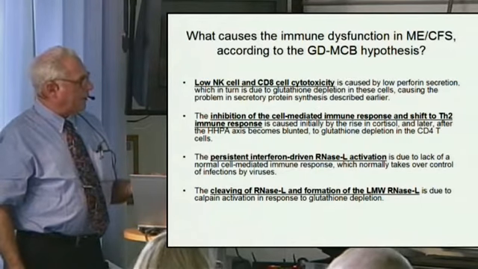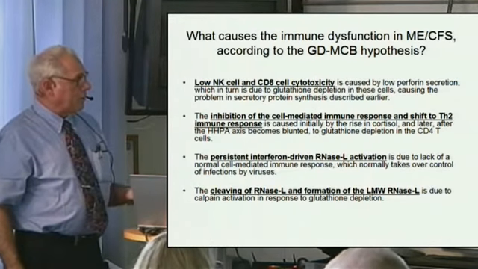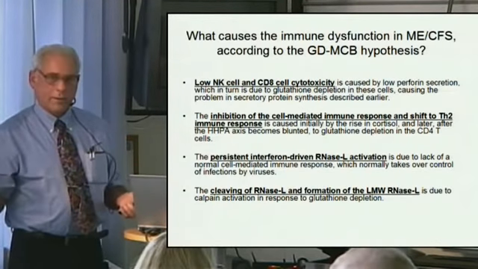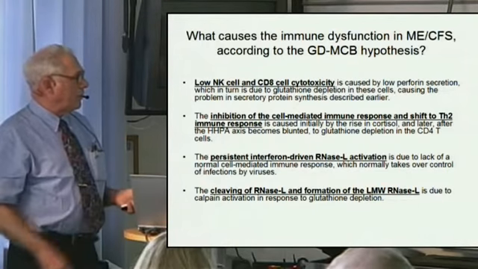And as I said earlier, I think that's due to glutathione depletion in these cells, which, because they have 20 cysteines, it's hard to make a good perforin molecule.